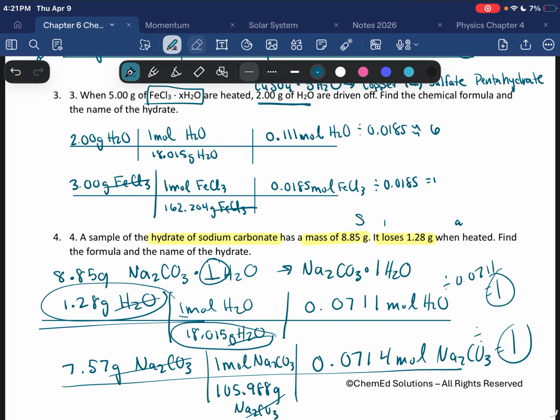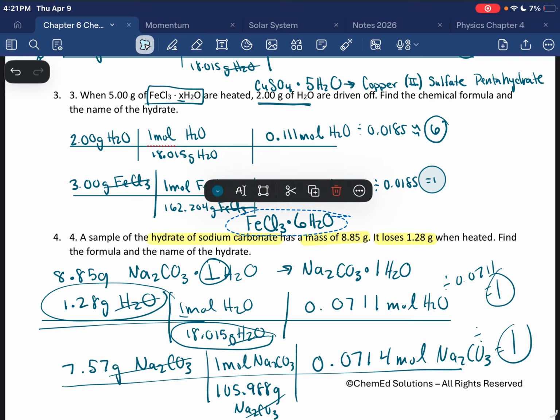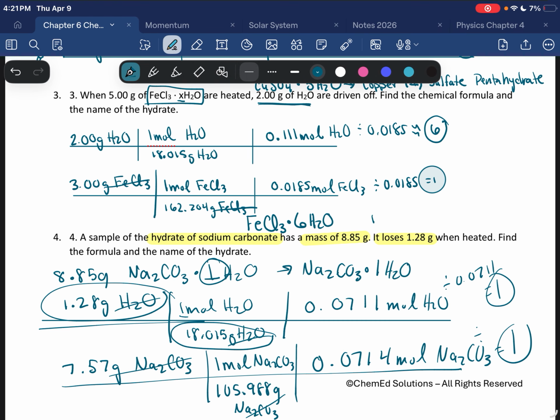All right, so the chemical formula means I have 6 parts water for every 1 part of my salt. So it's 1 part iron 3 chloride. That X here is just saying how many waters will I have? 6 parts H2O. It's a variable saying my unknown. And then we say that as iron 3, and I can tell that because of the 3 behind the chloride.